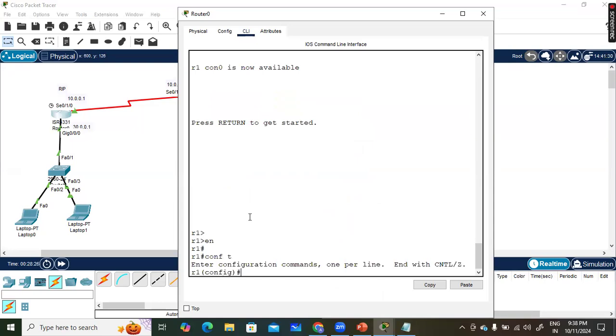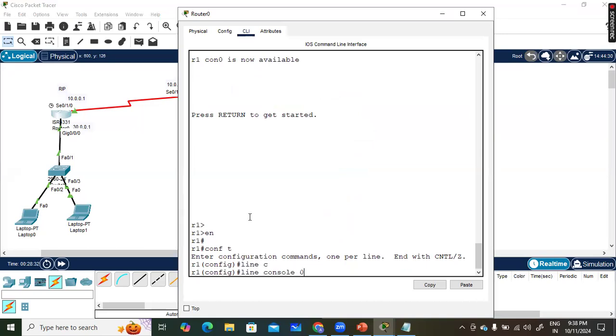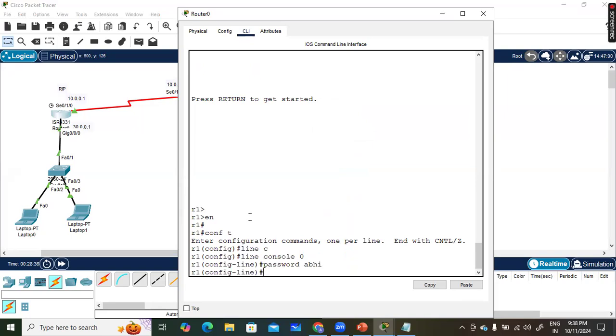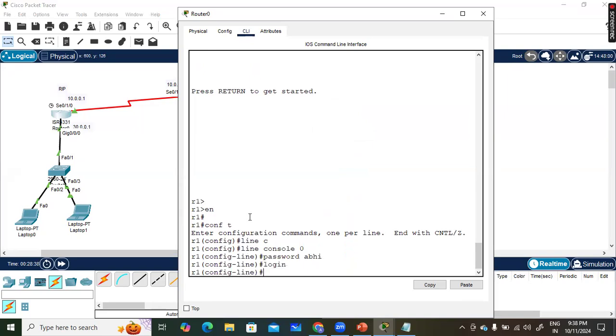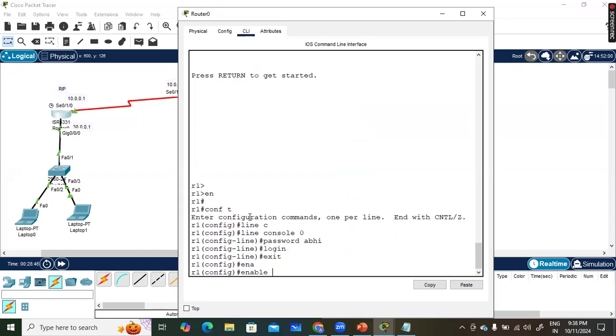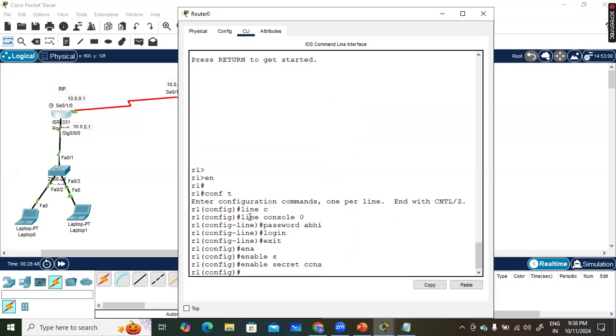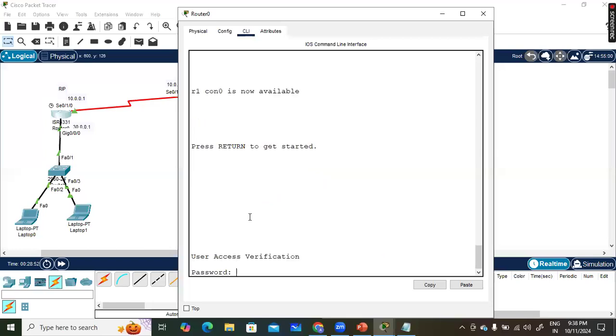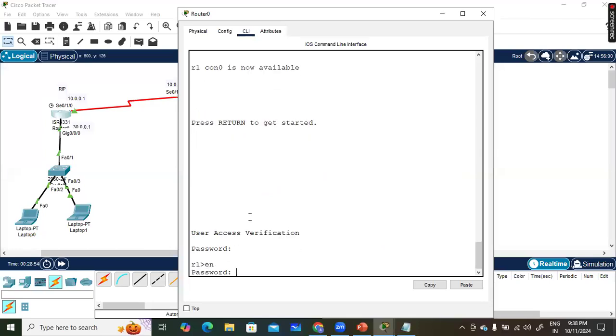Enable, conf t, line console 0, enter. Password is Abhi, enter. And then login. Okay. And now enable secret Abhi enable.